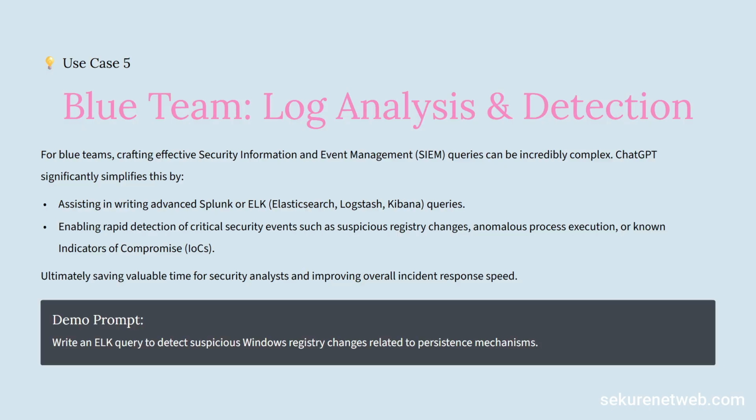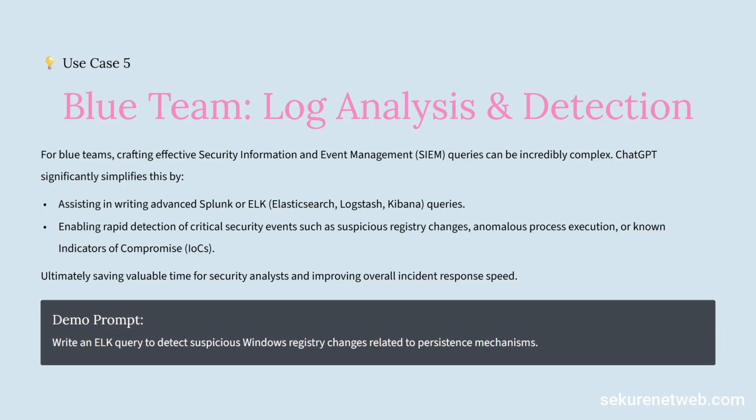Lastly, let's talk about how ChatGPT can help blue teams by assisting with log analysis and threat detection. Security monitoring is a crucial part of defending an organization's network. Writing queries for security monitoring tools like Splunk or ELK can be a bit daunting, especially when you need something specific and time sensitive.